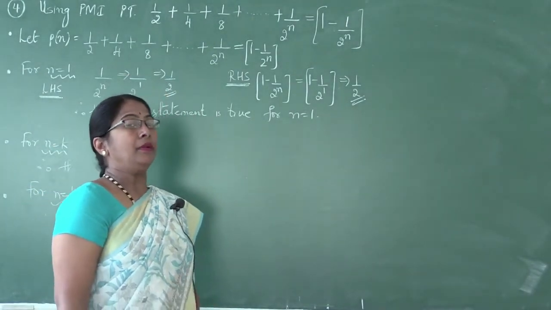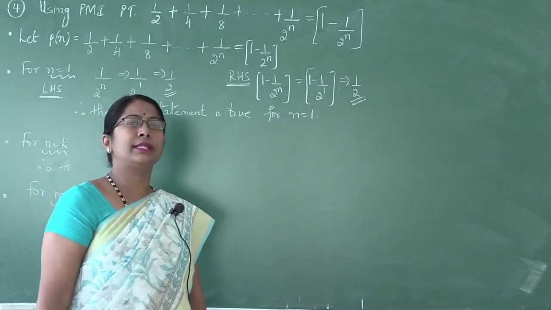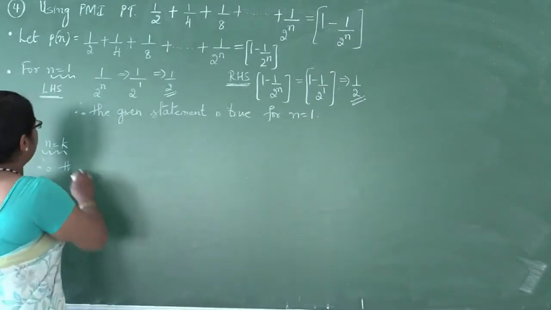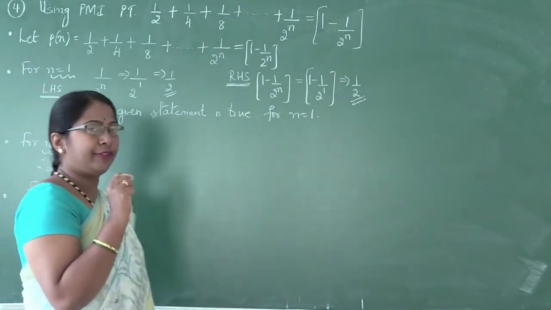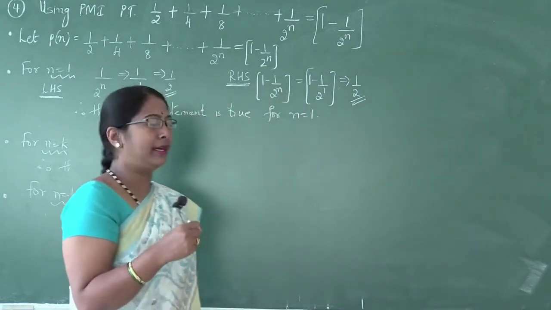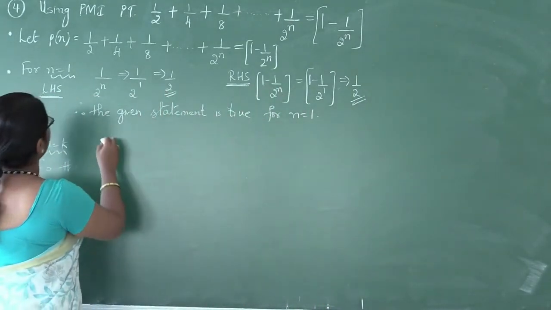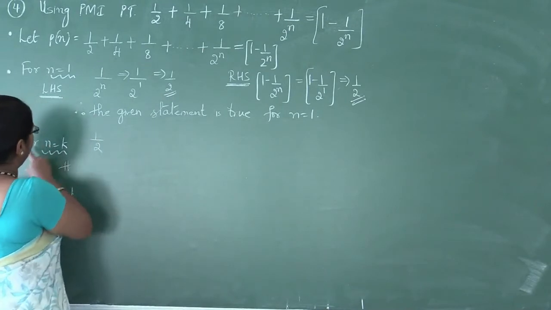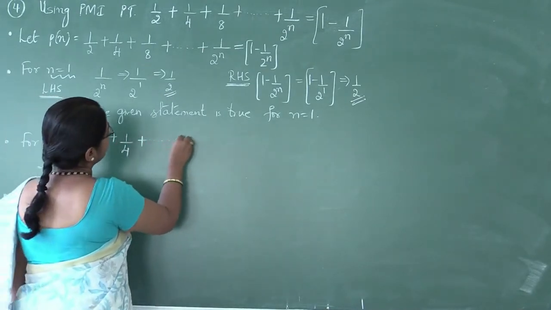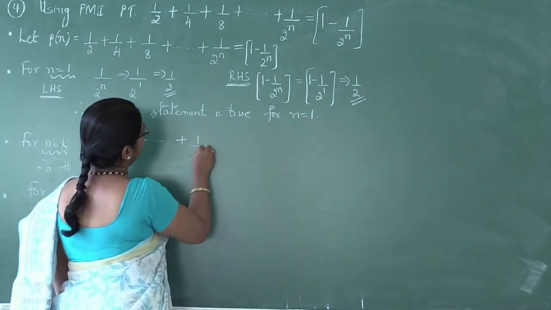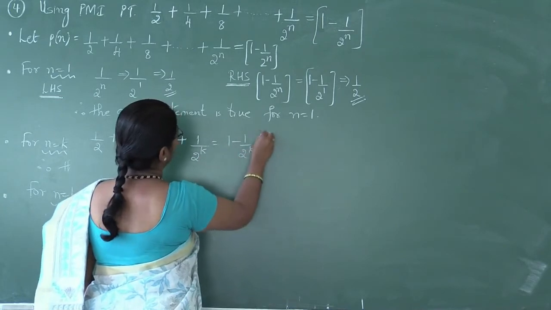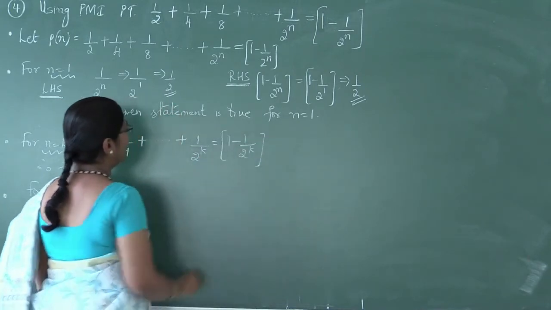The third step is assume that the given statement is true for n equal to k. So for n equal to k, wherever there is n in the question, you will replace the nth term by k. And what does the question become? For n equal to k, 1/2 + 1/4 + etc. + 1/2^k is equal to 1 - 1/2^k.